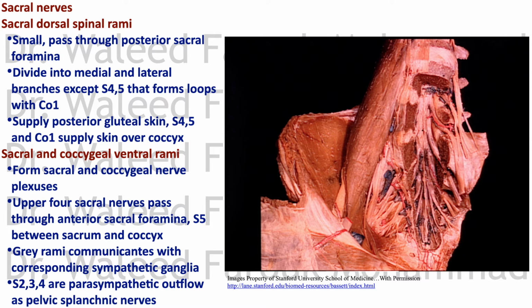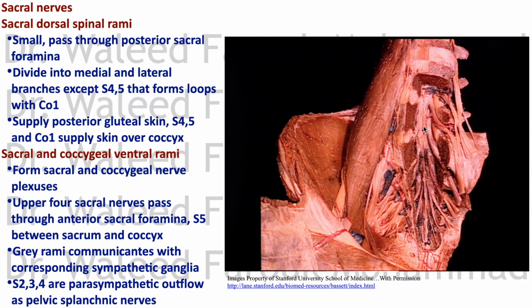The sacral nerves' dorsal rami supply the posterior gluteal skin, and the S4 and 5 and CO1 supply the skin over the coccyx. And as you can see here, these are the cauda equina inside the spinal canal.